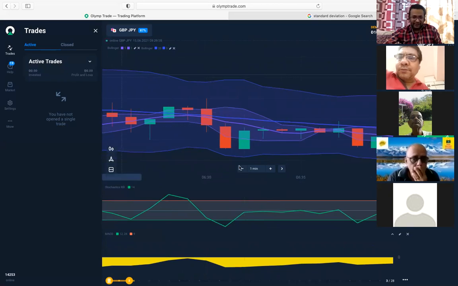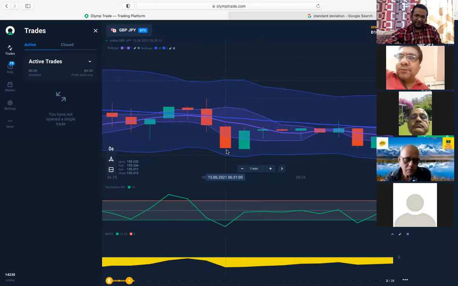Now, this is an interesting scenario. See here. This red candle has crossed the 1 deviation line and gone near the standard deviation 3, but immediately the next candle was green, which took the data back into the 68% deviation 1.